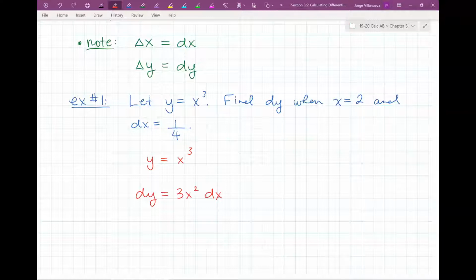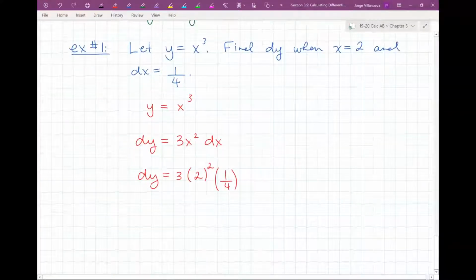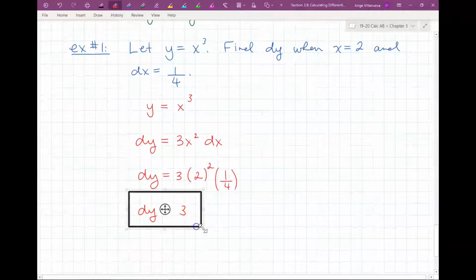Okay? Now we plug in the information that's given. So dy is equal to 3 times x, that's 2 squared, times dx, that's 1/4. So that's 3 times 4 times 1/4, which means the answer is 3. And we're done.